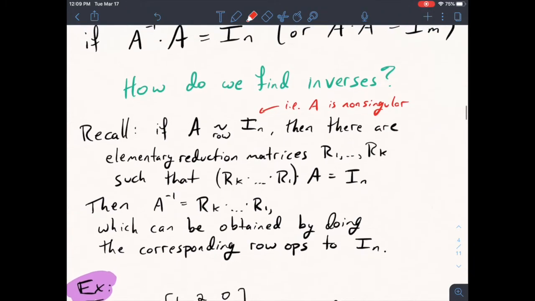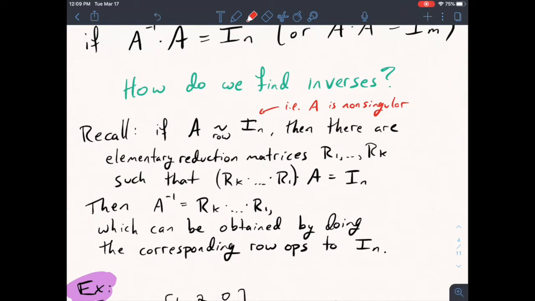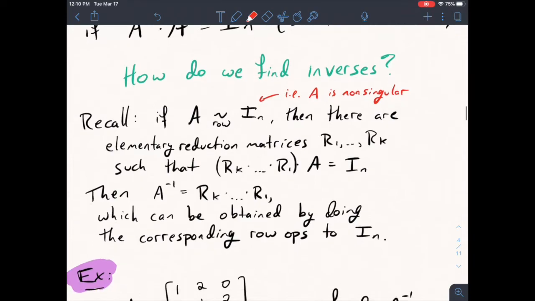So we can obtain this A inverse by doing those same row operations to the identity matrix. I don't actually have to find these matrices and multiply them all together. What you actually do is just think of this as being the matrix that you obtain by doing those row operations to the identity matrix, and it's going to be a lot more time efficient.